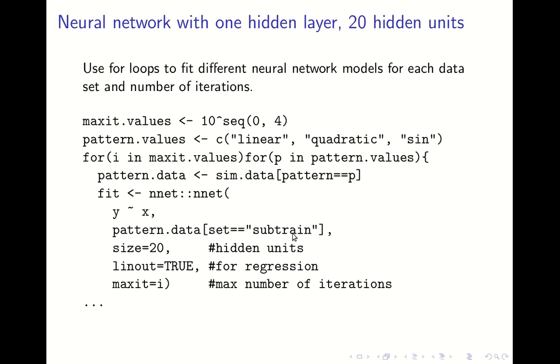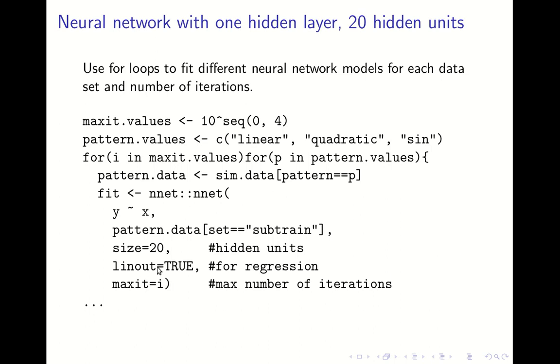And then, so I get to specify a few hyperparameters of this learning algorithm. So in the nnet function, there's this size parameter which controls the number of hidden units. So we'll see how that affects the predictions in a minute. But yeah, so this is what's called a hyperparameter of the neural network. So it must be fixed before we train the model, and it will control how much overfitting the model can do.